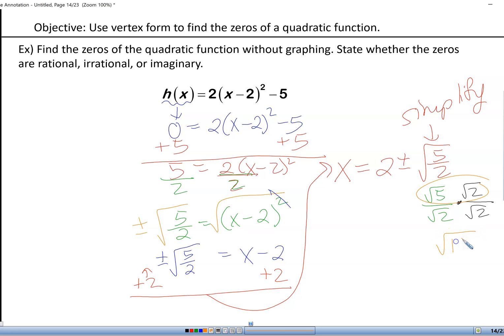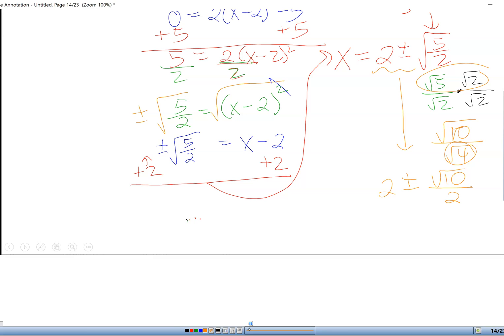Remember, a square root times a square root is a square root. The square root of 2 times the square root of 2 is the square root of 4, and then we can simplify the square root of 4 to the whole number 2. So we still have that square root of 10, now over the whole number 2. And we still have this 2 plus or minus part. So those are our zeros now in their simplest form.